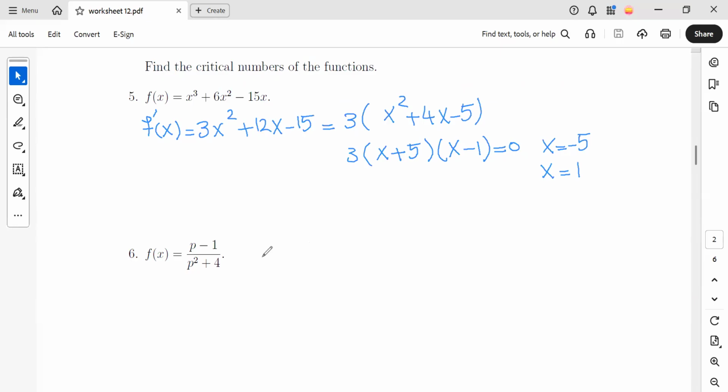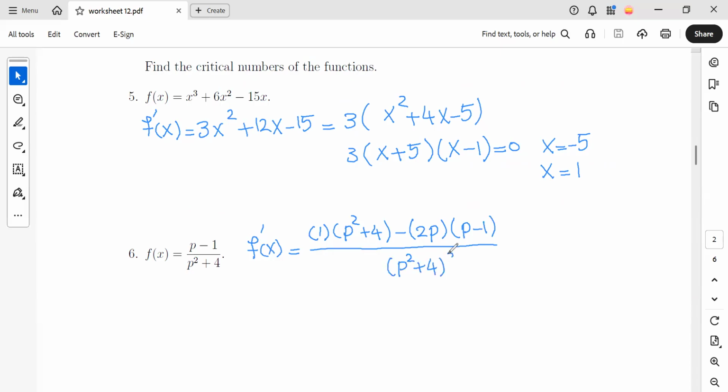For number 6, we would find the derivative, which is the quotient rule: derivative of the numerator, which is 1, times the denominator, minus the derivative of the denominator, which is 2p, times the numerator, all over the denominator to the power 2.